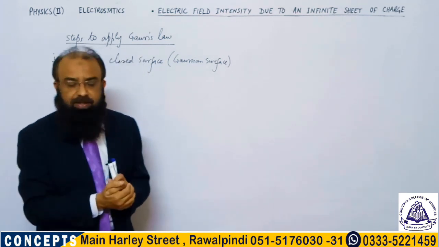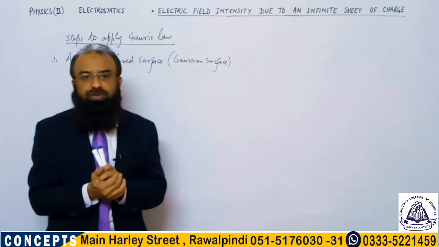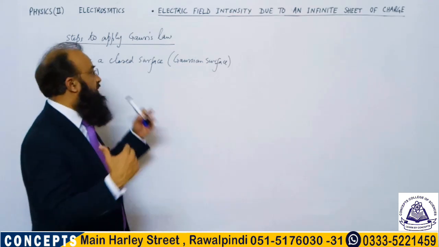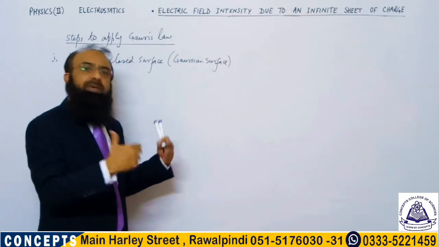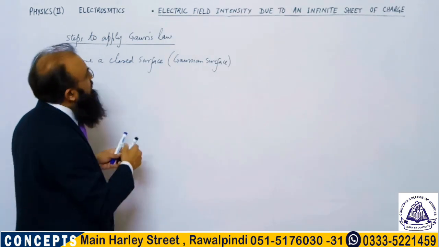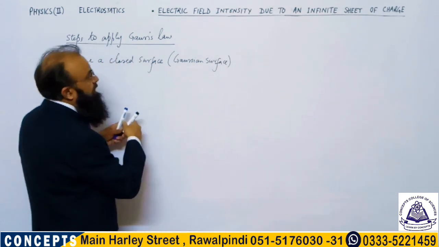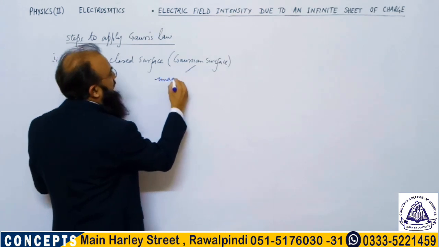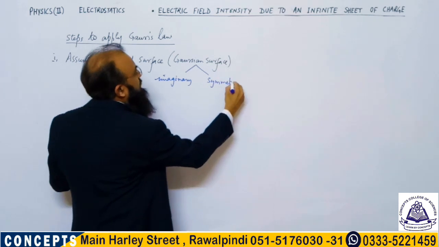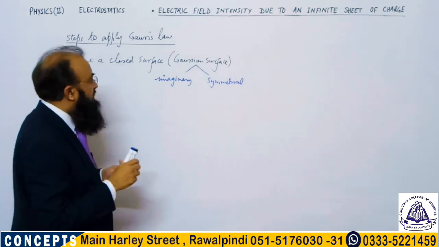In Gauss's law, we observed that the electric flux through a closed surface does not depend upon the shape of the closed surface. Hence, this Gaussian surface may be of any shape, but it should be a symmetrical surface. And remember that this is an imaginary surface, not a real surface. It should be symmetrical so that we can calculate the area of that surface.